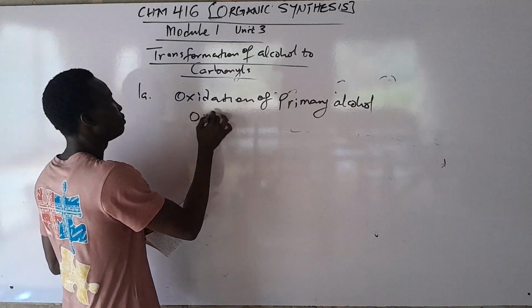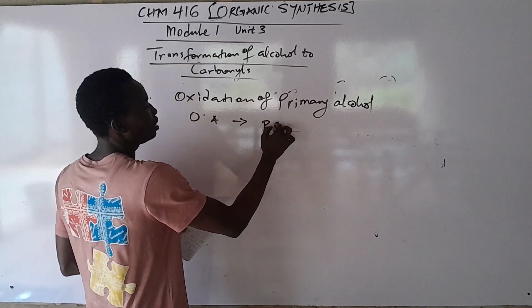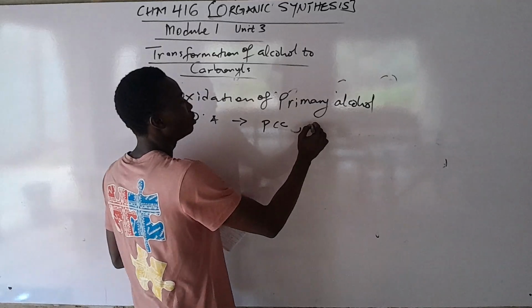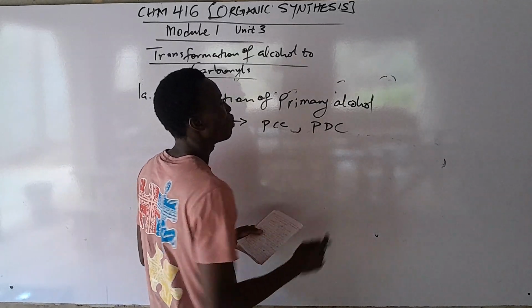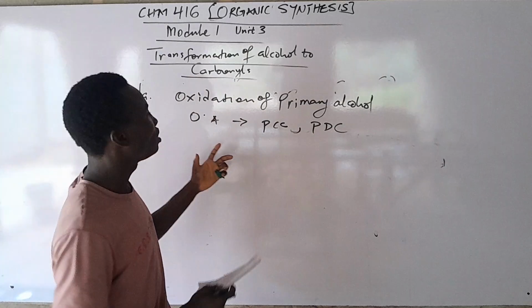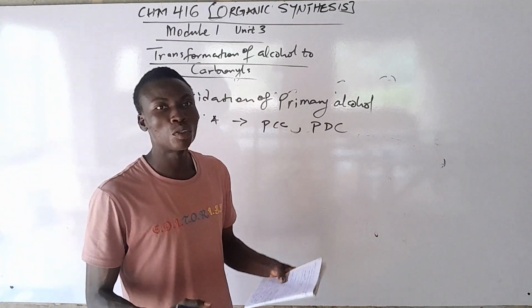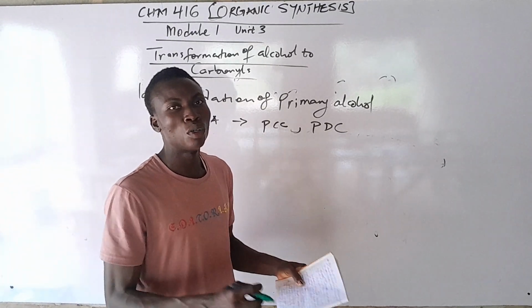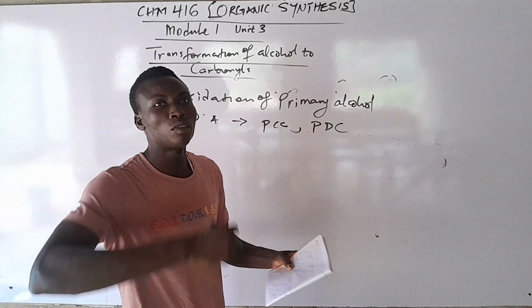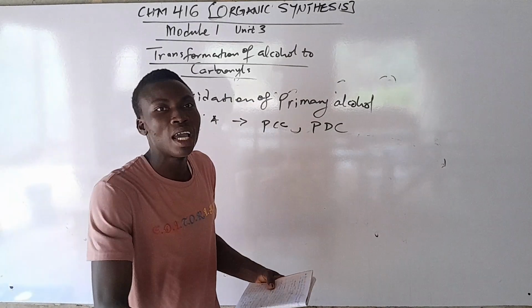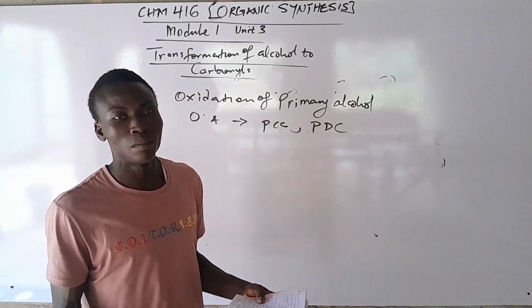Among the oxidative agents include PCC. We also have PDC. These oxidative agents are capable of converting the primary alcohol to aldehyde without forming the subsequent carboxylic acid in the process.